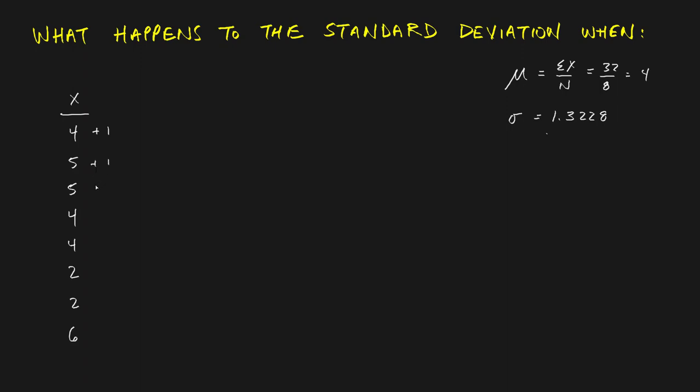So if I added 1 to all of my data, what would happen then? I'm going to create a new set of values over here. It's simply just going to be each one of these with 1 added on. So 4 plus 1 is 5, 5 plus 1 is 6, and so on.